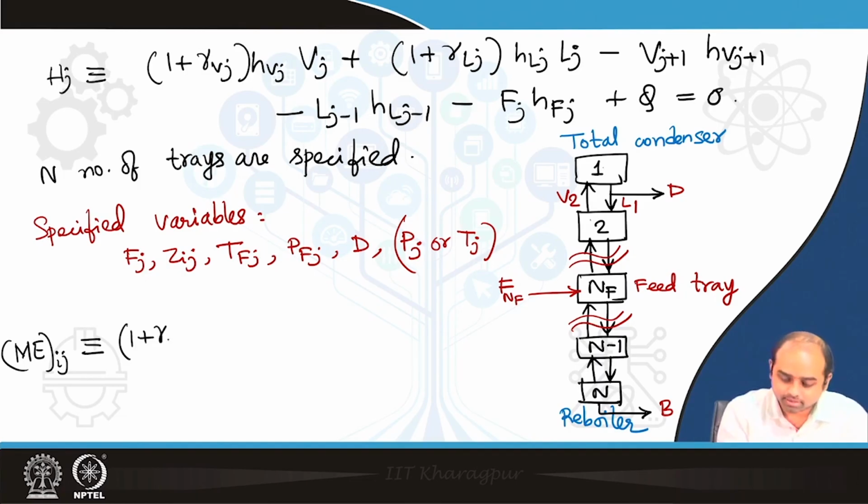So what I get, I want to remove all the xij's, all the yij's into xj's. So this is Vj, then I have from the equilibrium relation Kij Xij.